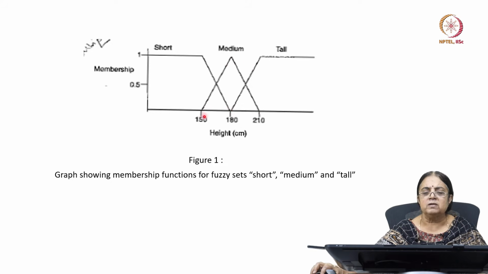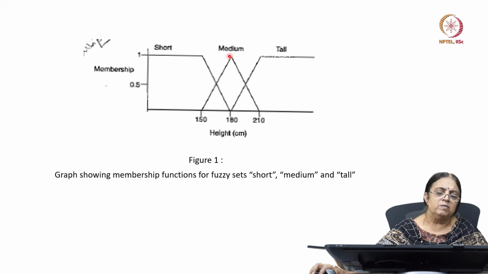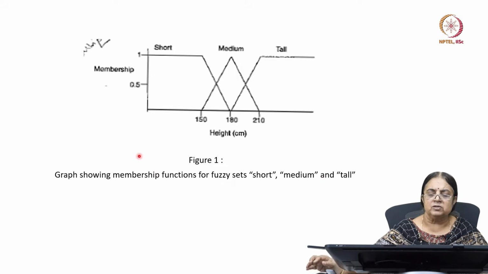Similarly, for medium, from 150 centimeters it keeps increasing till you reach 180 centimeters, where the person has a membership of 1 to that set, then it keeps decreasing. Similarly for tall. Usually for categorical things like short, medium, tall, membership functions actually help in such cases.